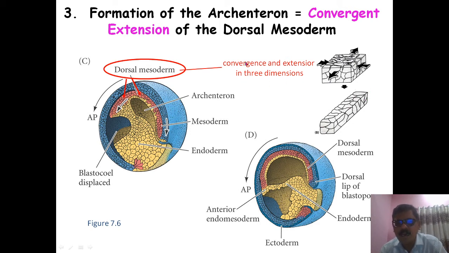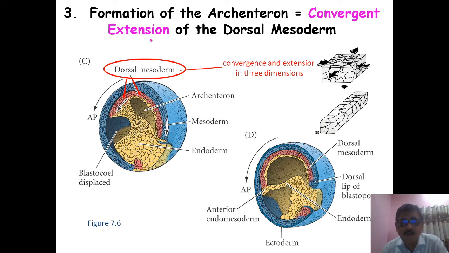For example, if there are four layers of 15 cells each, then during convergent extension we will have two rows each having 30 cells, and that is the extension or stretching.